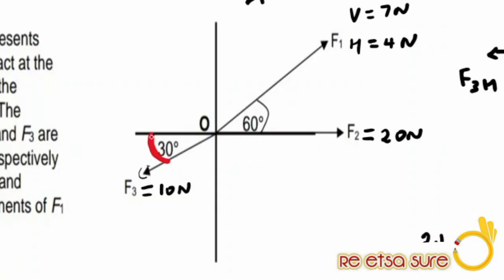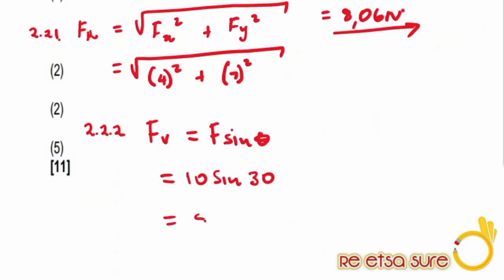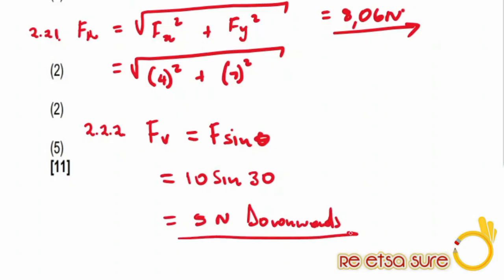I hope it's clear. So now 10 sine 30 gave us something like 5 Newton. But if we were required to include the direction for this one, it must be downwards.